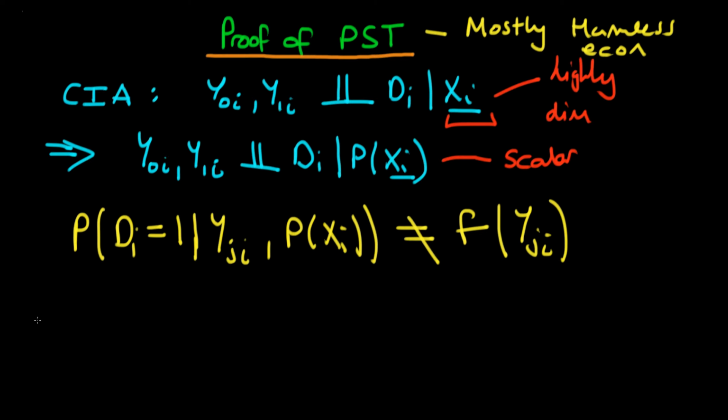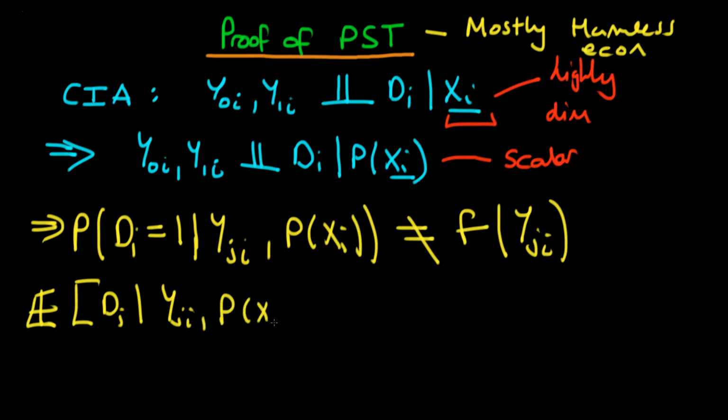Okay, so first of all we recognise that this quantity here is exactly the same thing as the expectation of di given yji and also given the propensity score for an individual i. This is, importantly, an i here, not a j.